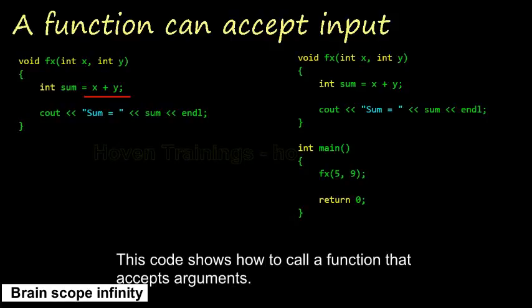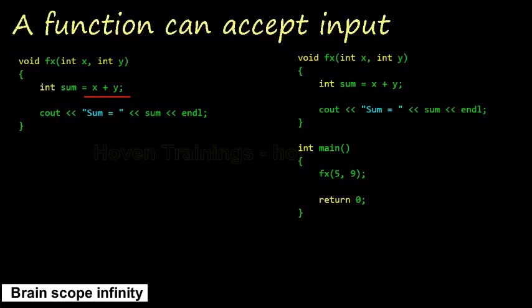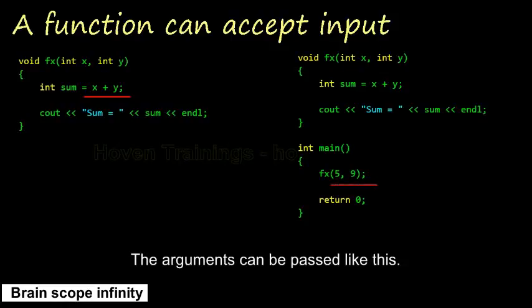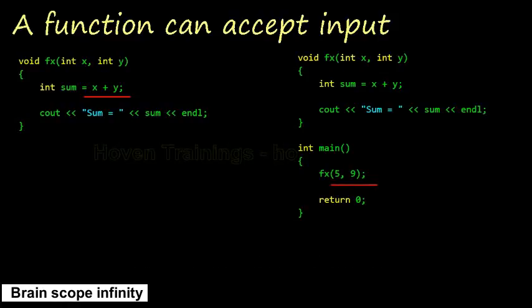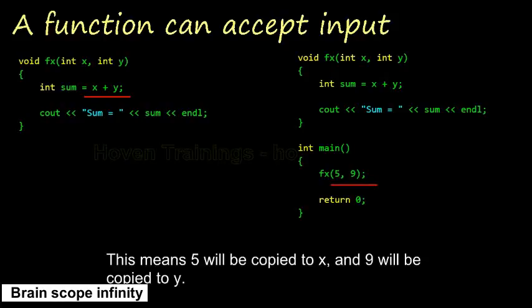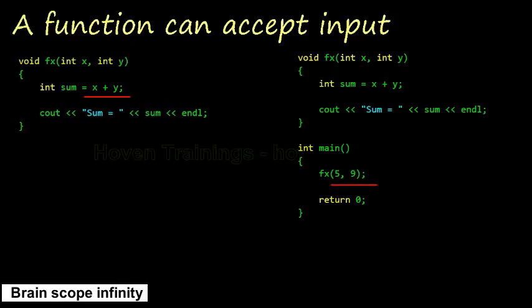This code shows how to call a function that accepts arguments. The arguments can be passed like this. They will be passed left to right. This means 5 will be copied to x, and 9 will be copied to y.